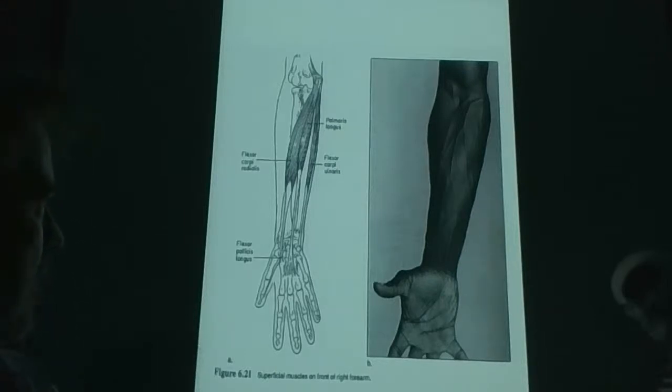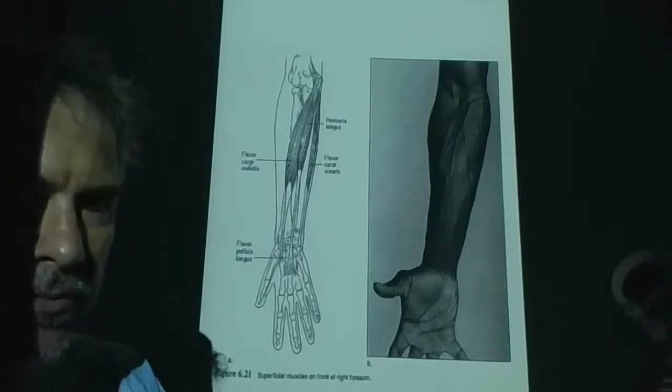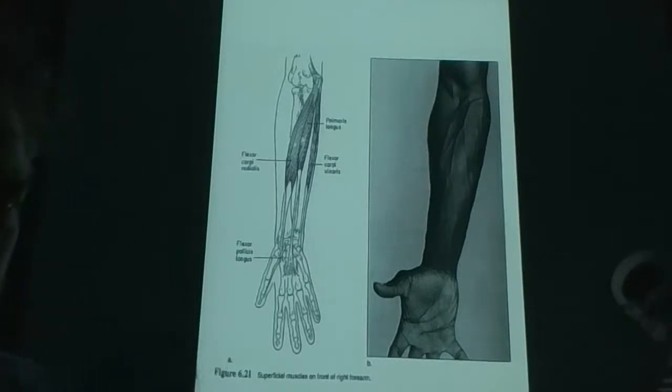So these are the anterior compartmental musculature of the wrist. Now, I'm not getting into little intrinsic muscles. I'm just talking about the major players in terms of wrist flexor, wrist extensor muscles. Palmaris longus, flexor carpi radialis, flexor carpi ulnaris.